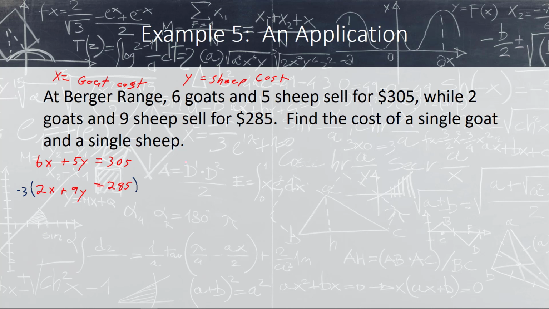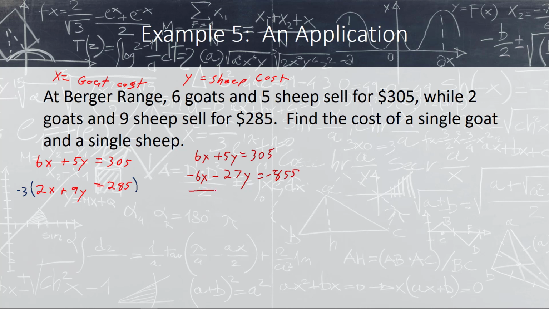If we do, we will have, once again, for the first equation, 6x plus 5y is equal to 305. But for the next equation, we are going to have -6x minus 27y is equal to -855.